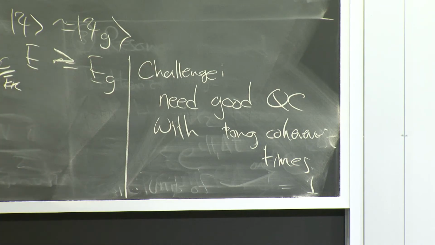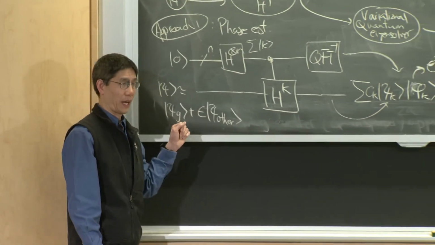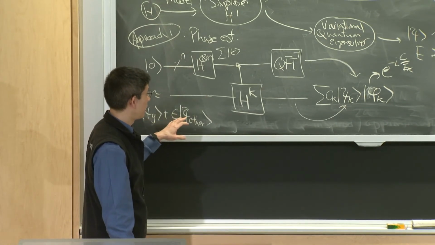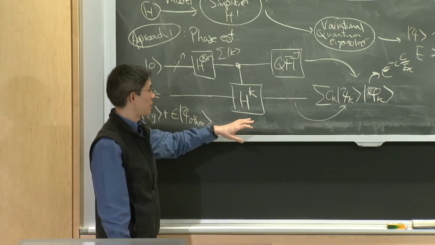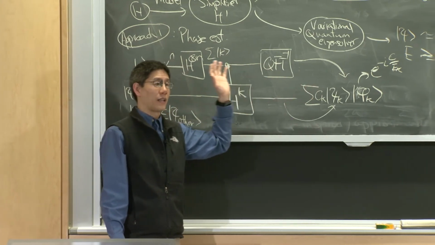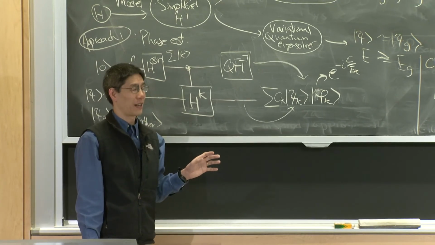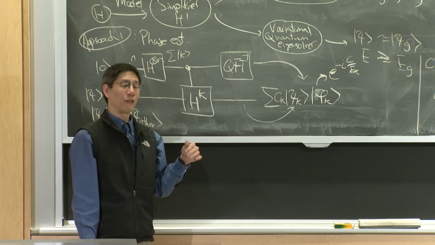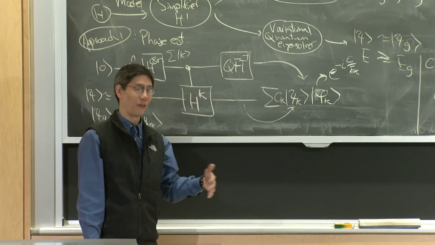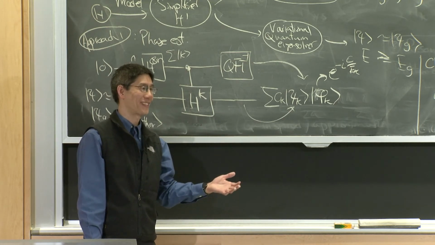There's a beautiful analysis of the requirements by Matthias Troyer and company from ETH, now at Microsoft, where he shows that if one uses this phase estimation approach, one has a chance of simulating nitrogenase, exactly what I started today's lecture on, if you can run the quantum computer for about a day, okay, with a relatively fast clock cycle as well.